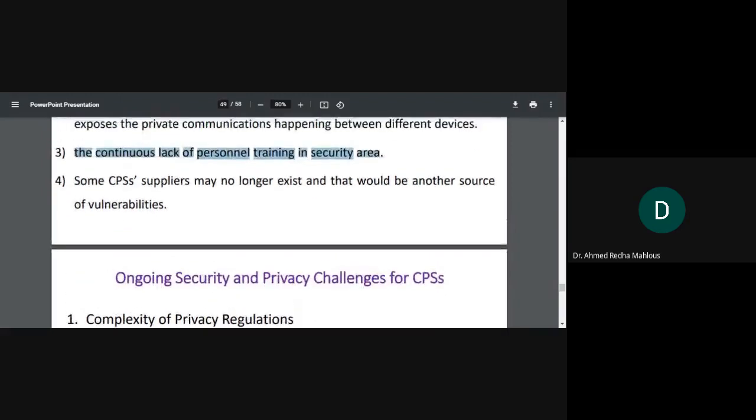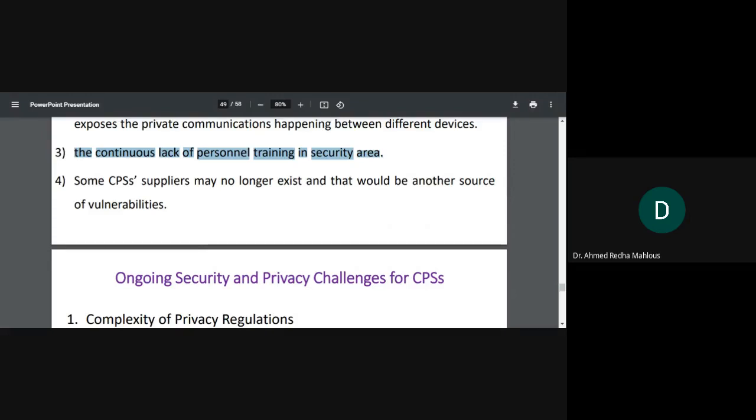It's like you purchase an operating system or an application. Let's consider, for instance, you purchased an antivirus from ABC company, and that ABC company is no longer existing or no longer running its business, and that antivirus needs to be updated. Otherwise, it will be an old antivirus.